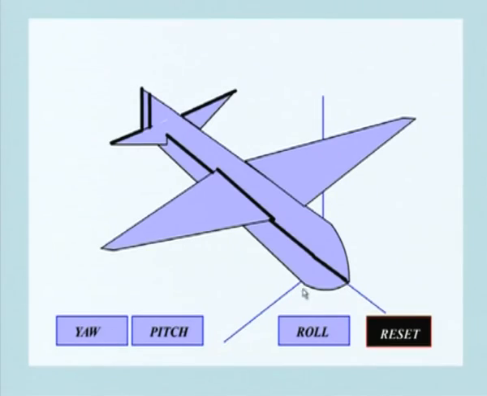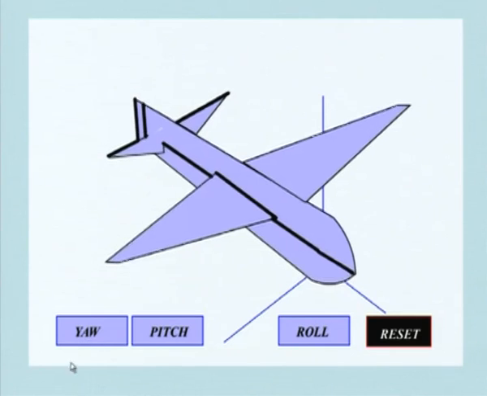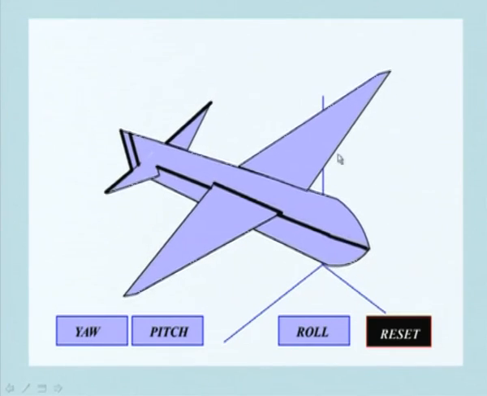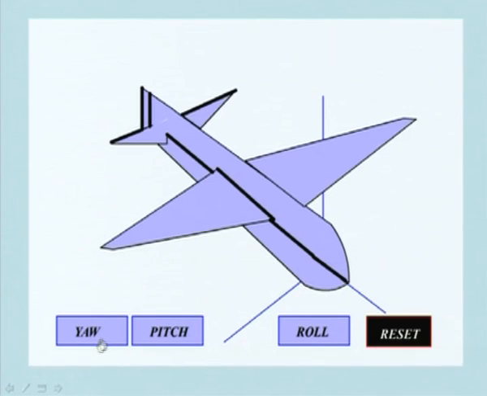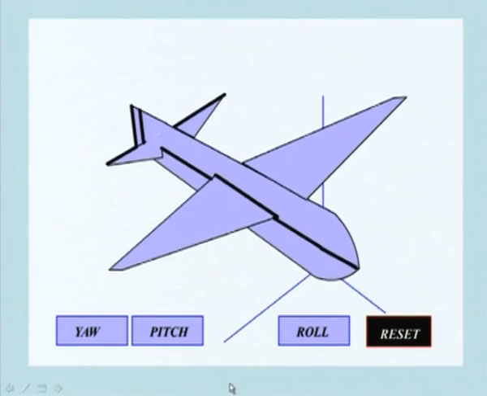We can have the axis system and we can have yaw. This is called yaw motion. That means about this vertical axis the plane is moving, that is yaw motion.